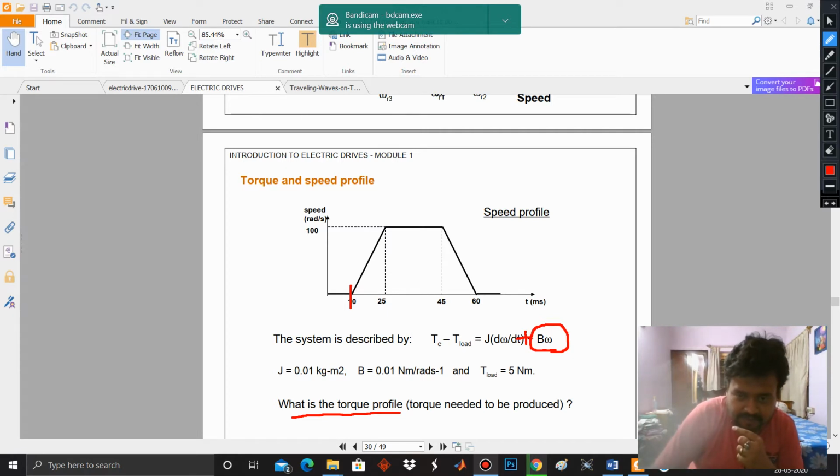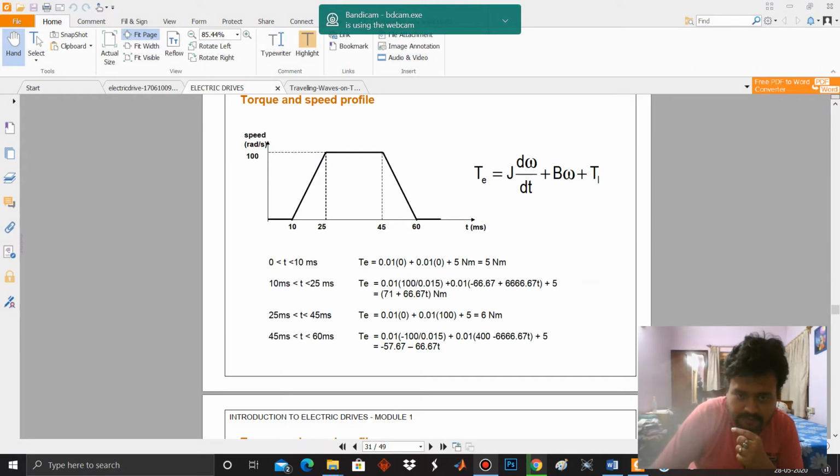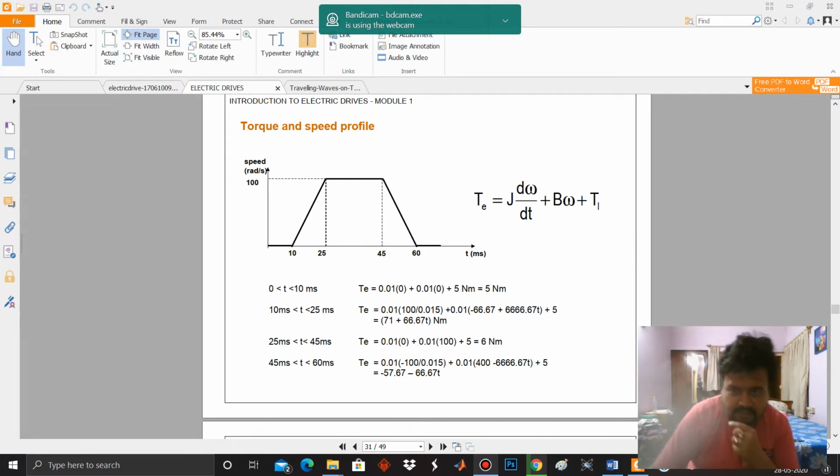The value of B is given over here. The value of J is given. The load torque value is given. So now let us try to solve this.